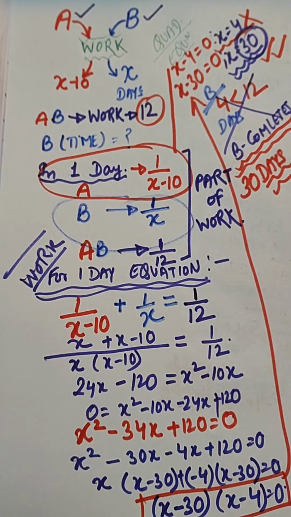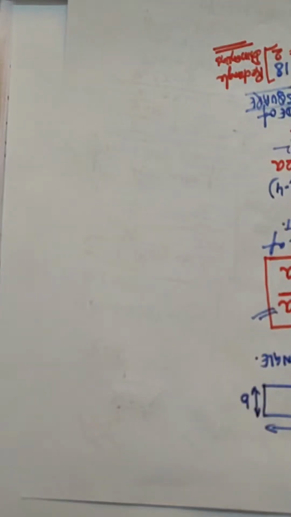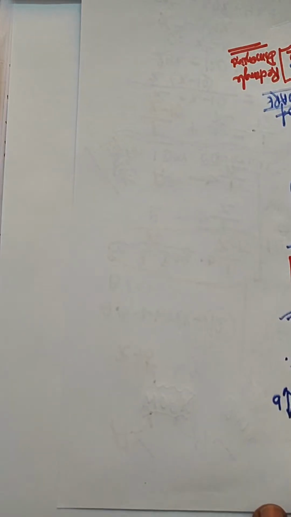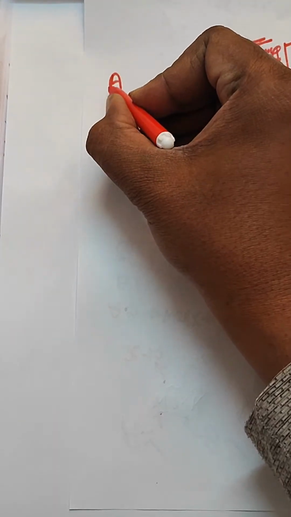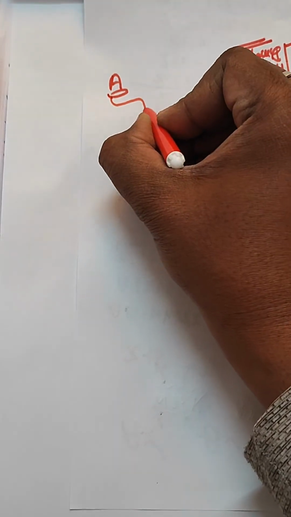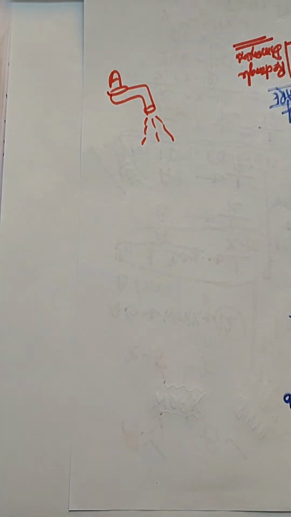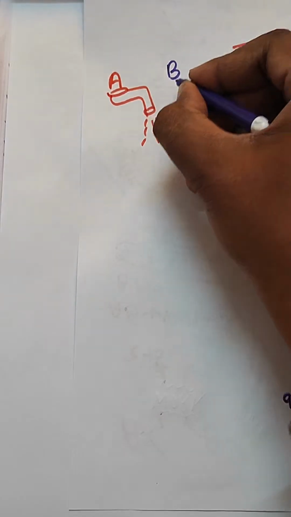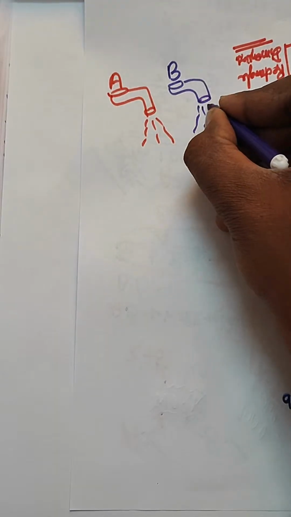But before that, I want to take a question from pipe and cistern where a tank is given to you. Let me turn up the page. The question is that there are two pipes. One pipe is A, throwing some water, and another pipe is B, also filling some cistern.